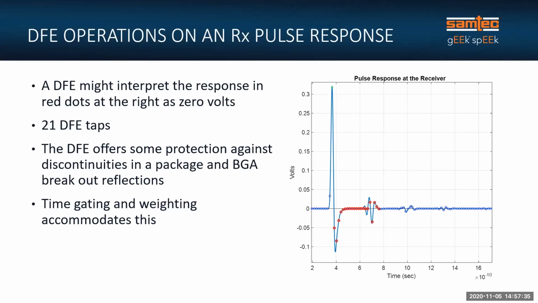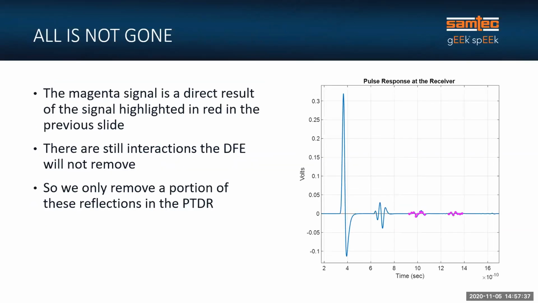Next slide. So if I look at those other squiggles, and I set up the experiment so I just see those other signals, then that is the effect of those reflections in that DFE range.